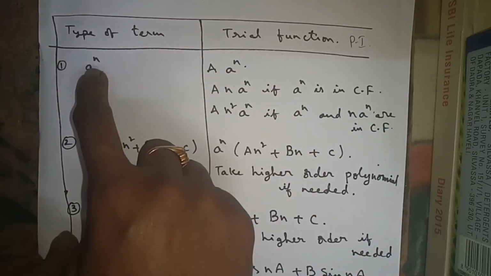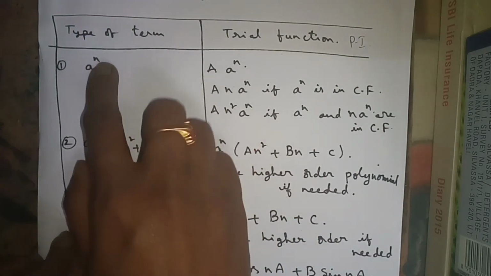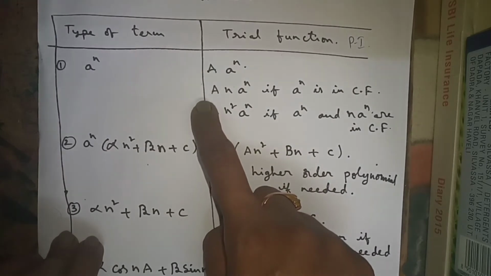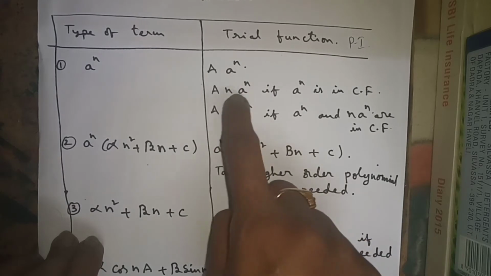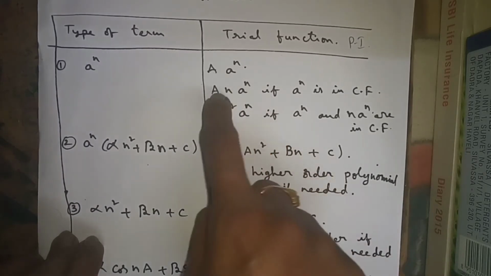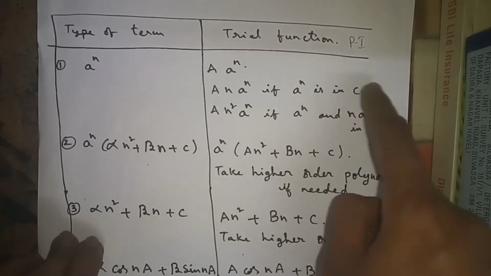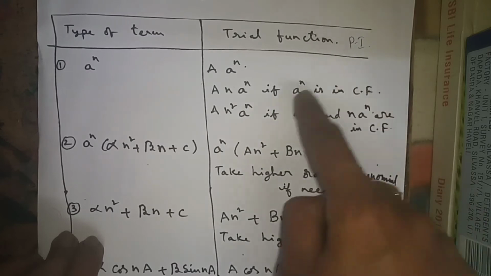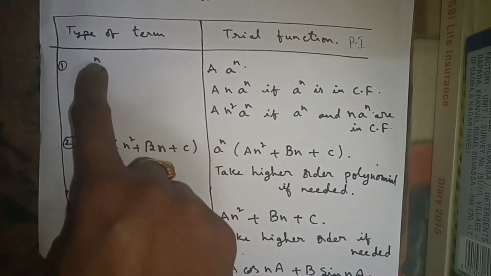If the RHS is in the form of a to the power of n, the particular integral is A into a to the power of n. When will we get the other form, a to the power of n itself? If the CF contains a to the power of n, this will become the particular integral of this.